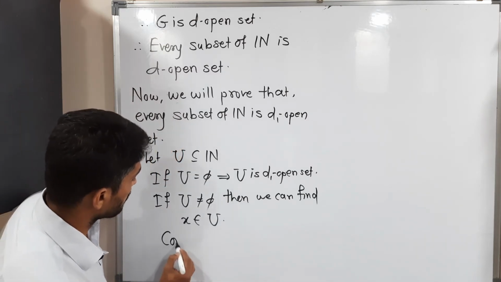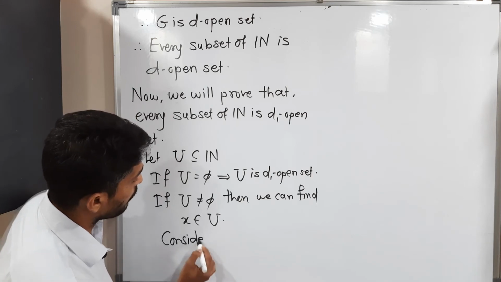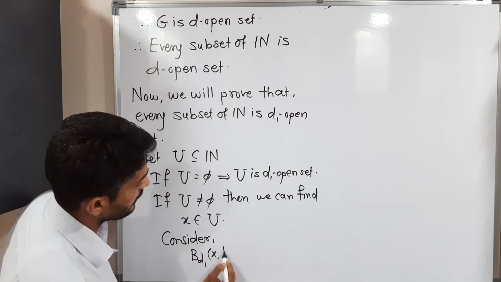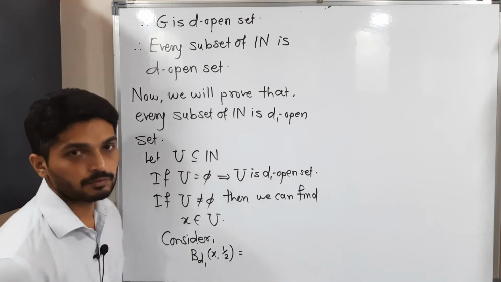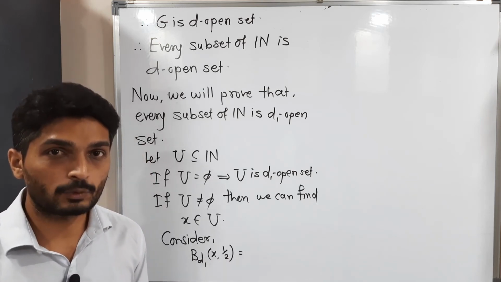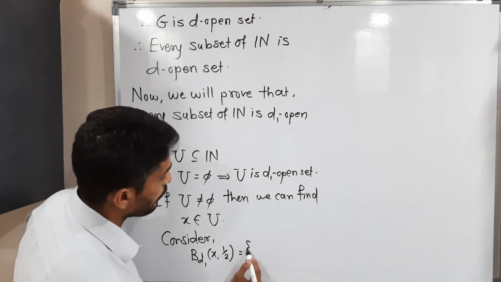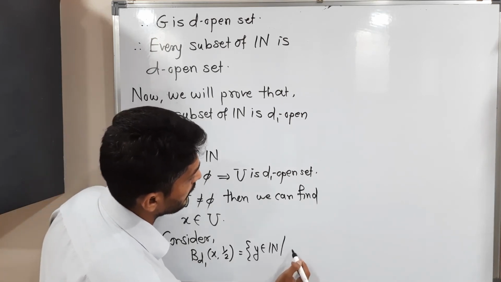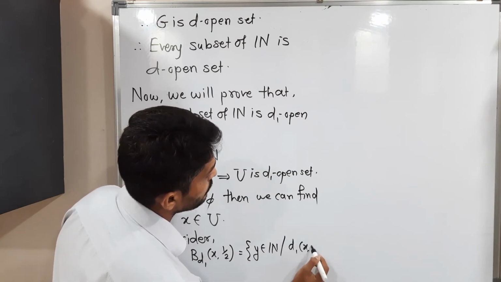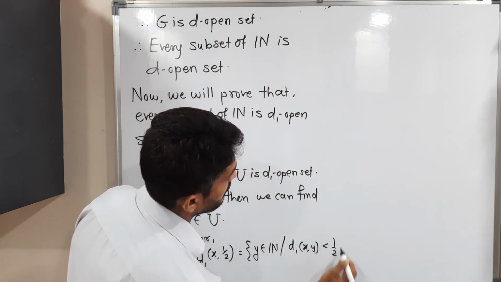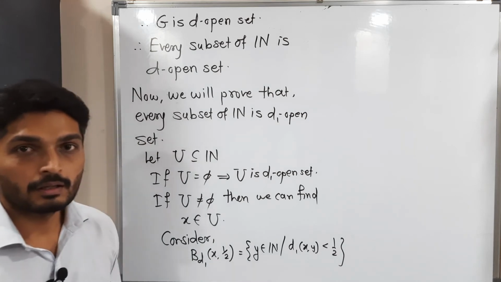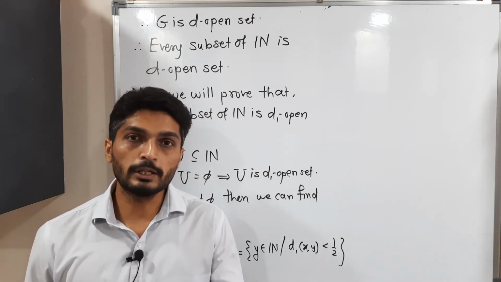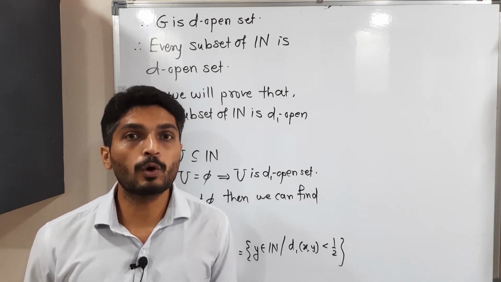So consider the open ball with metric D1 having center x and radius half. I have taken the fixed radius 1/2. The definition of the open ball is: y belongs to the set of natural numbers such that D1 of x, y is less than the radius, that means half. But D1 is a discrete metric. In a discrete metric, there are only two possibilities, either distance 0 or 1.